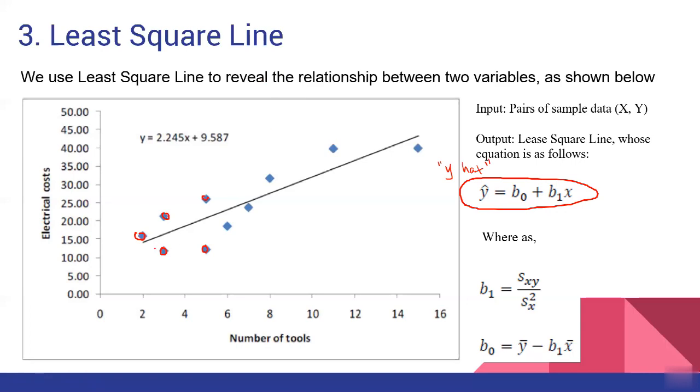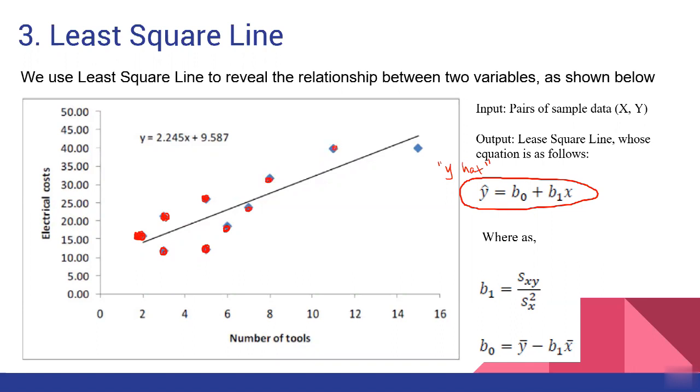So why is the least square line useful? The least square line is determined by this scatter plot. Once we have generated the least square line, we can use it to make predictions. For example, these data points are the samples we draw from the population.